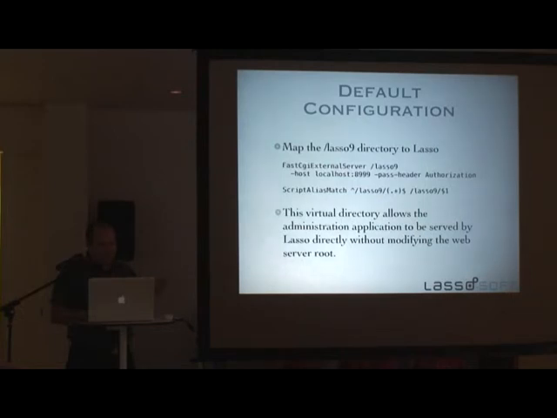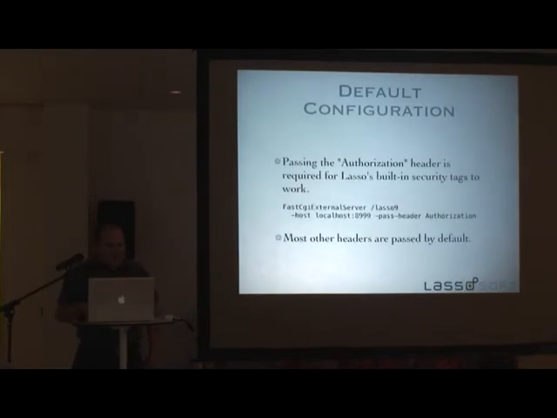For the purposes of Lasso 9, we basically reserved the Lasso 9 directory as the place that we serve our administration files. Also, if you create Lasso apps, they can be served out of that directory as well.